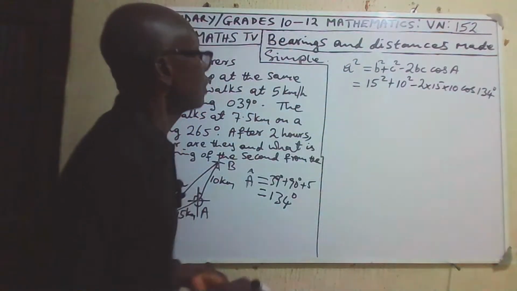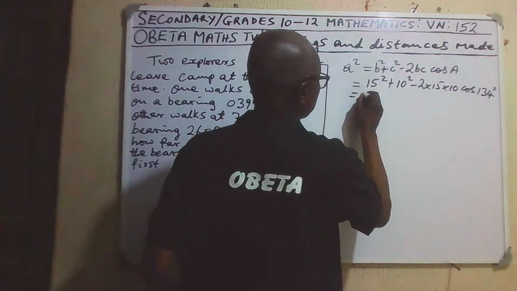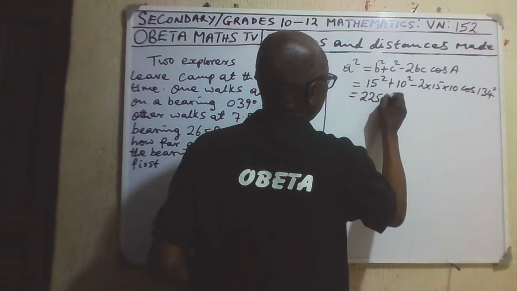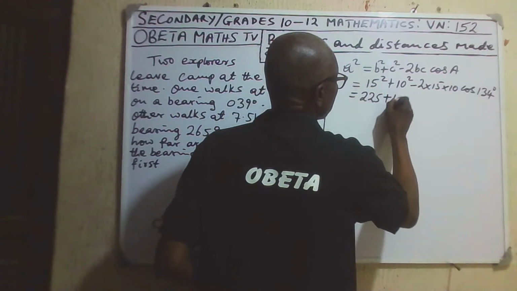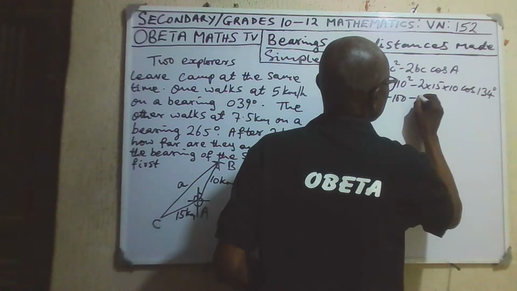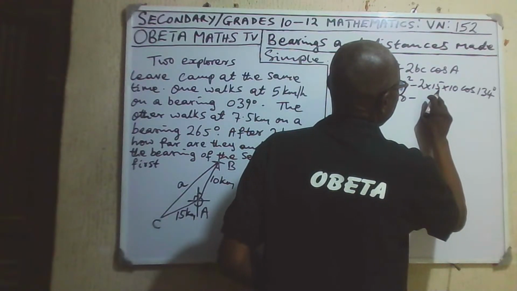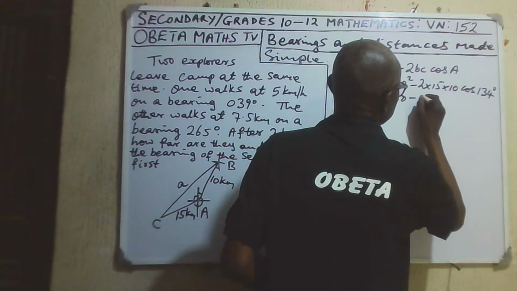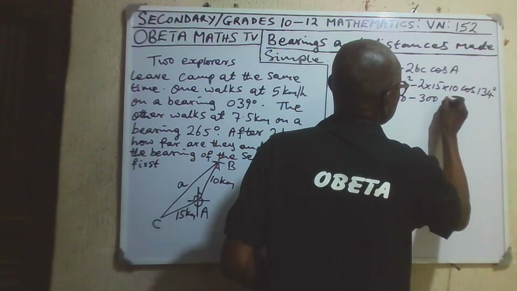Okay, so moving on, this will give us 225 plus 100 minus 300 multiplied by cos 134.